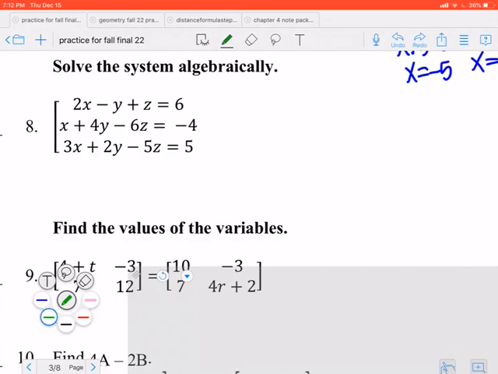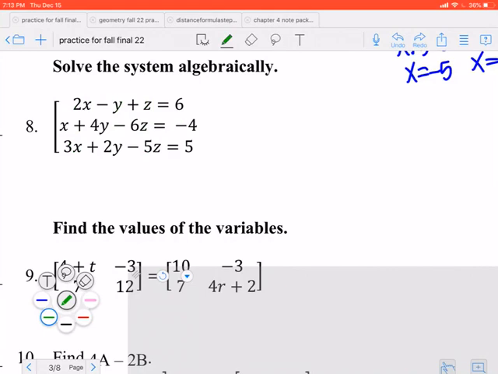So if I were to say, let's look at the z's. If I multiply this top equation by 6, then I'll have a plus 6z and a minus 6z. Now I could have chosen any variable. I could have chosen the x's, the y's, it doesn't matter. I'm just going to choose the z's.